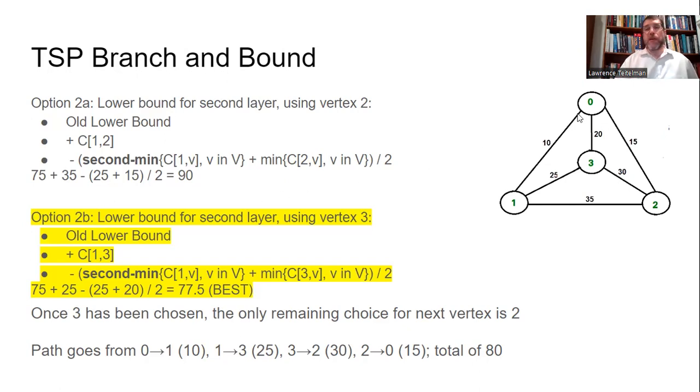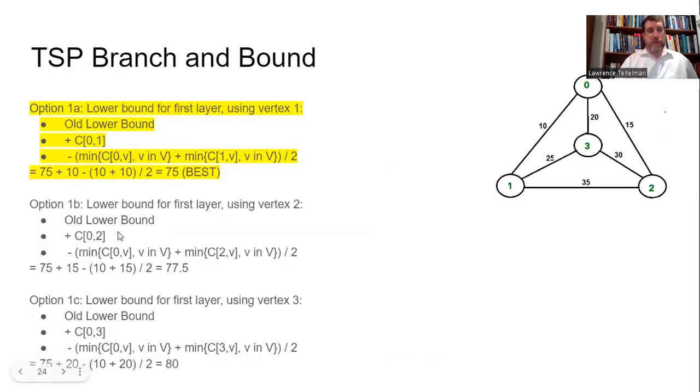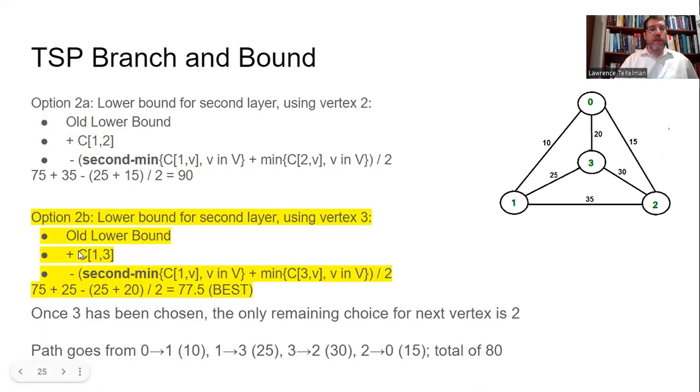What happens if I go from the 0 to the 1 to the 3? I take my old lower bound, which is 75, from the previous page. I take the C13, which is 25, and the second min from 1 is 25, and the min from 3 is 20. So I get 25 plus 20 divided by 2, so 45 divided by 2, 22.5. 100 minus 22.5 is 77.5.